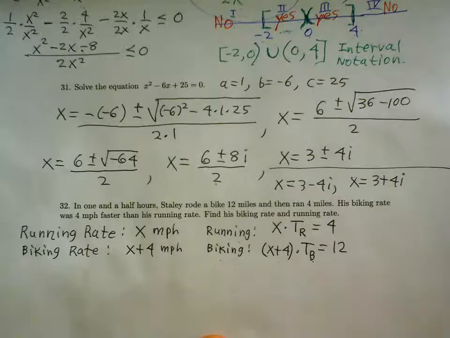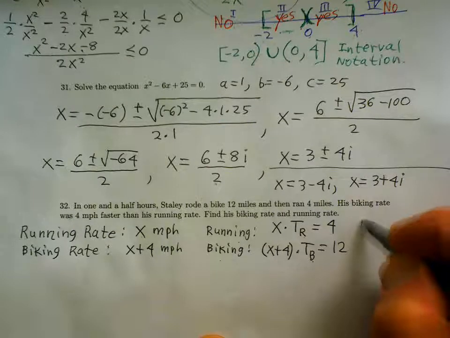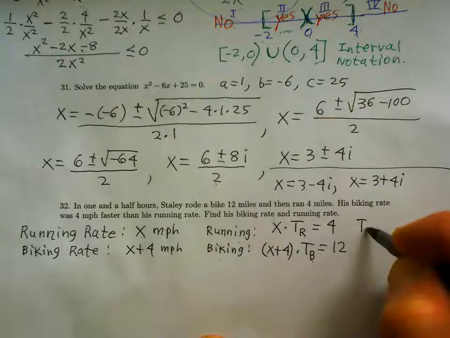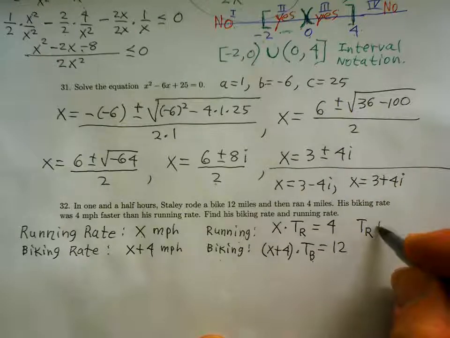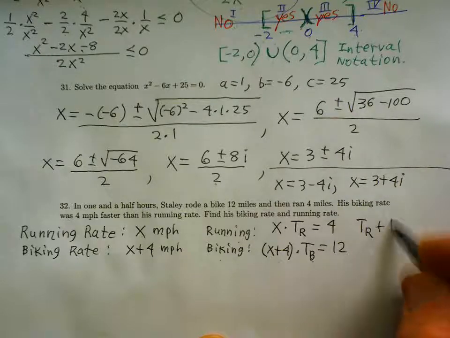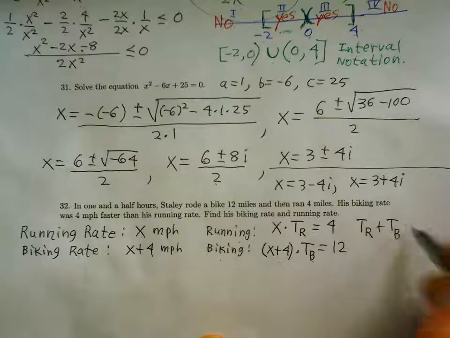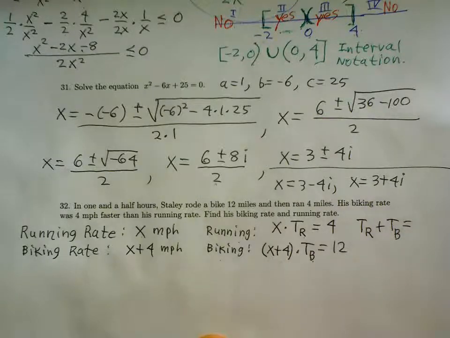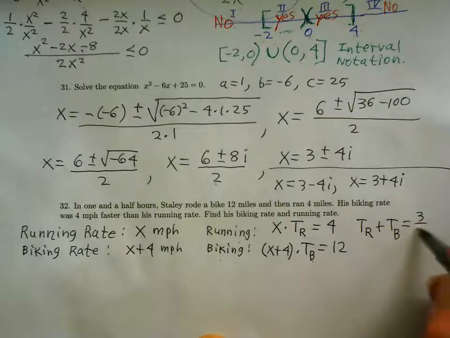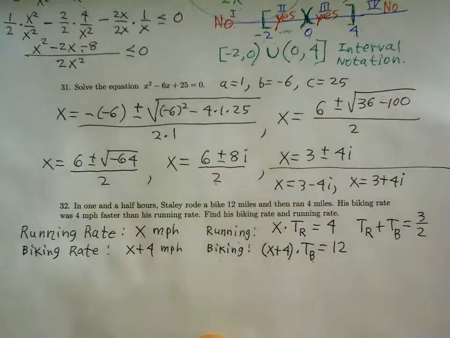So we can write a third equation. The amount of time it took to run 4 miles plus the amount of time it took to bike 12 miles is 1.5 hours. I'll just write it as 3/2 instead of 1.5.